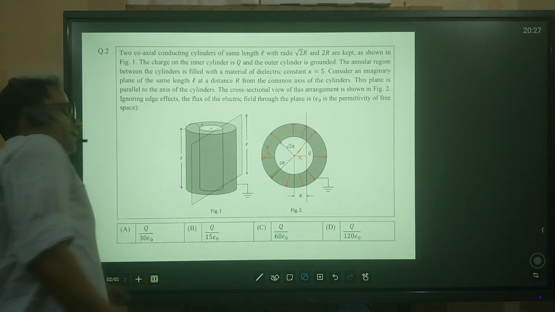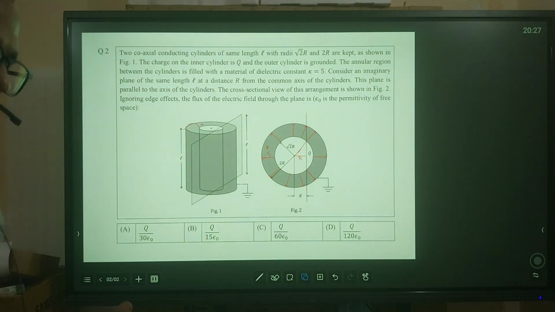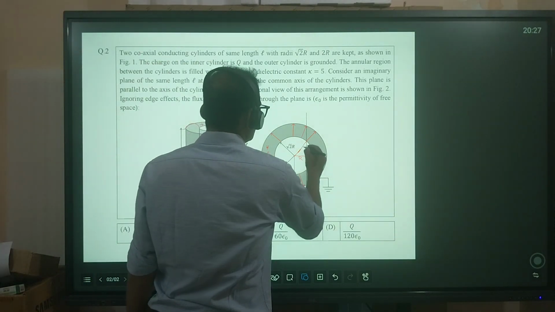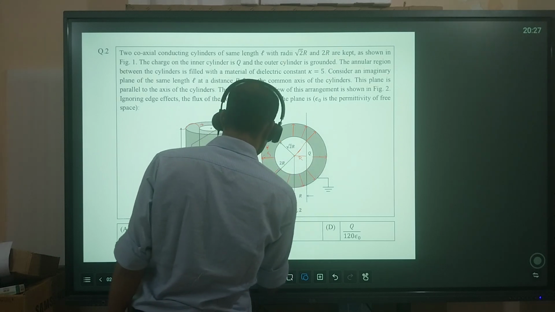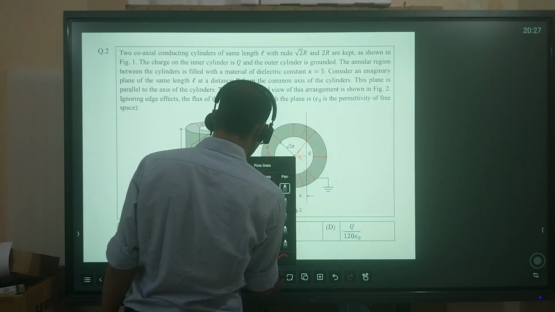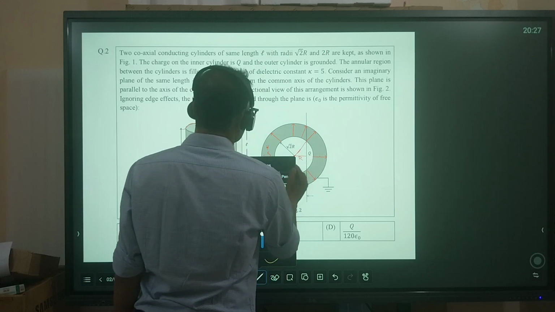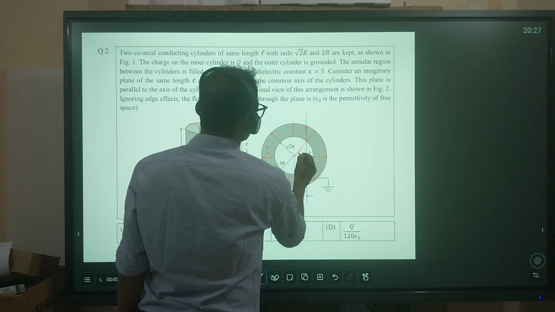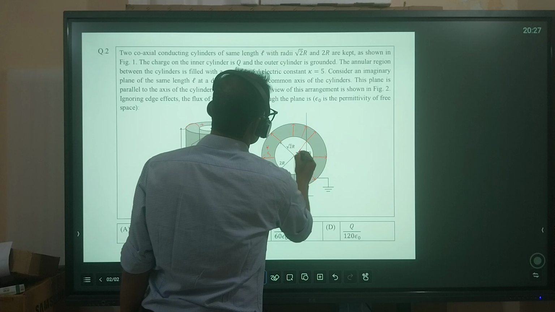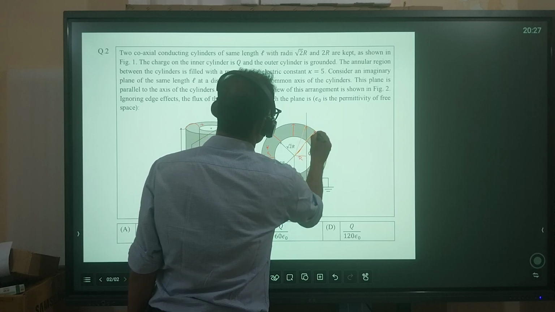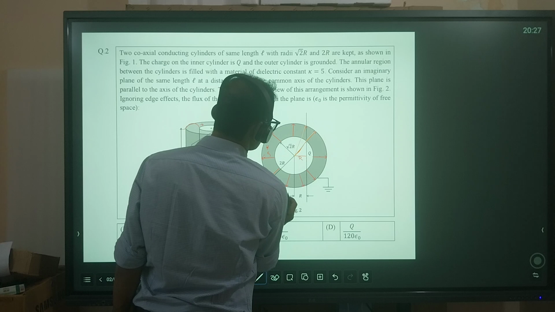Now we have to find the flux. Here see, flux is present only in this area. The flux linked with this will be present here only. We have to focus on this part only.